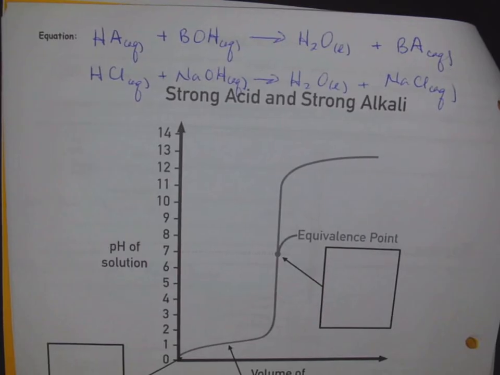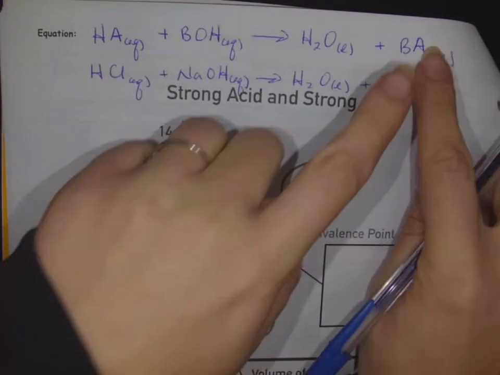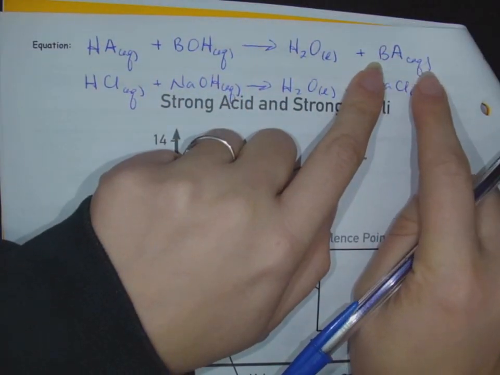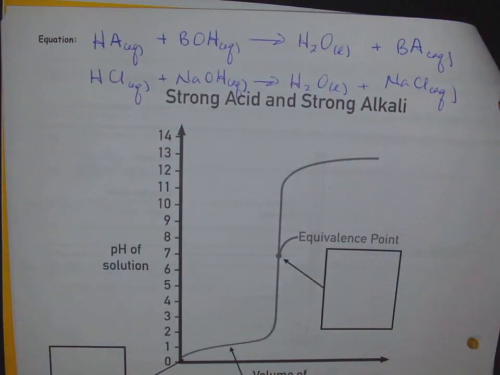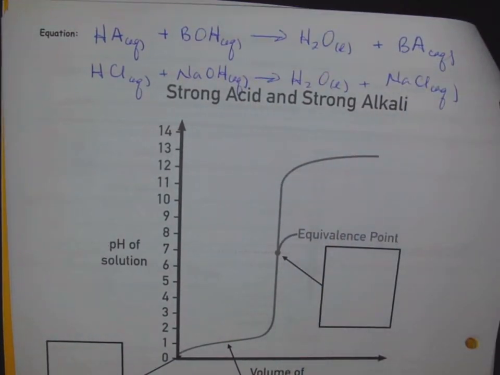Okay, now I'm going to focus on just the acid part of this for a moment, because you know how this would break apart. If it's aqueous and it's an ionic solution, then it would break apart into a B plus and an A minus.